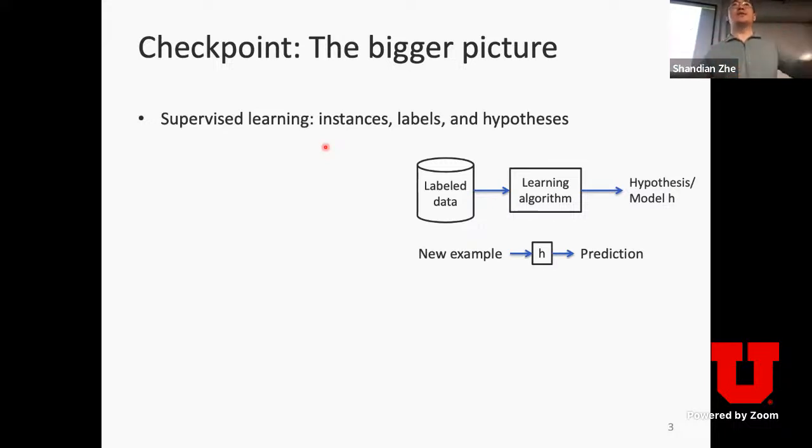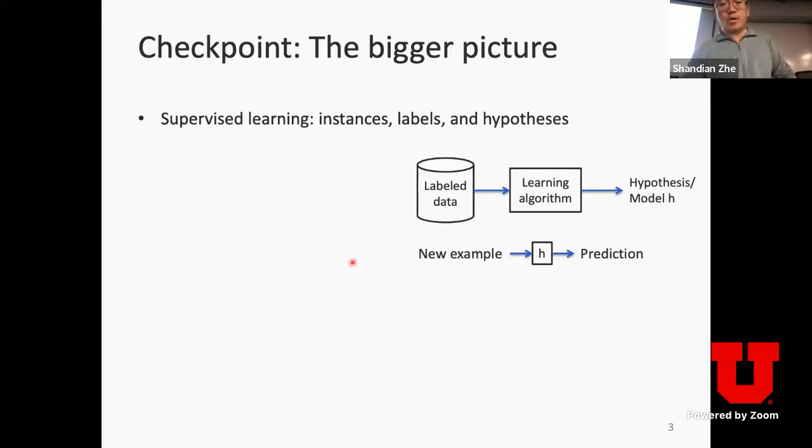Remember, supervised learning is always a searching procedure. You want to use a collection of labeled training data to guide a search over some hypothesis space. You want to find a hypothesis which you believe is the best approximation to the ground truth function. And that's it. That is supervised learning.